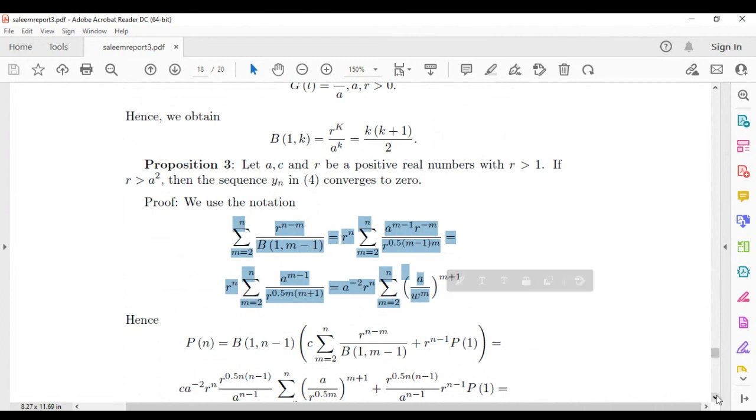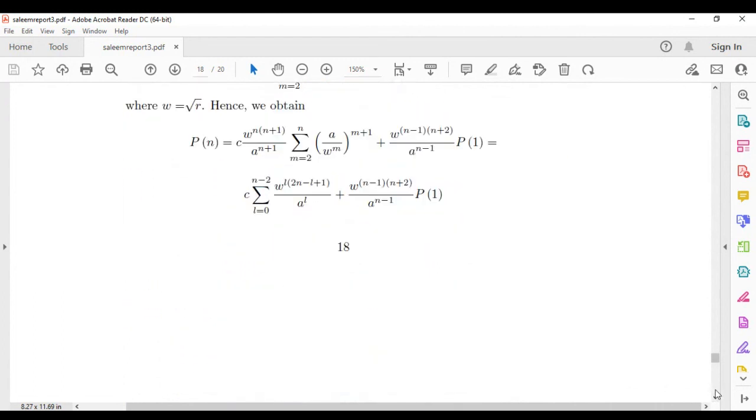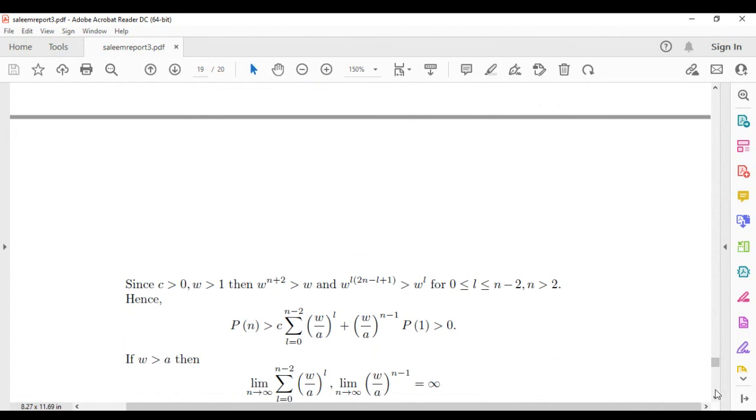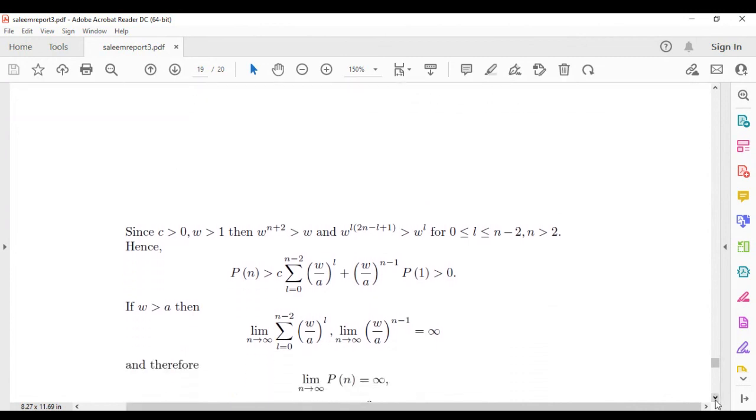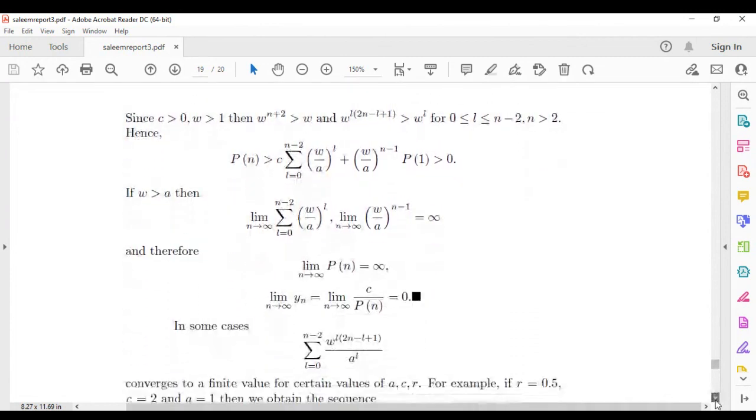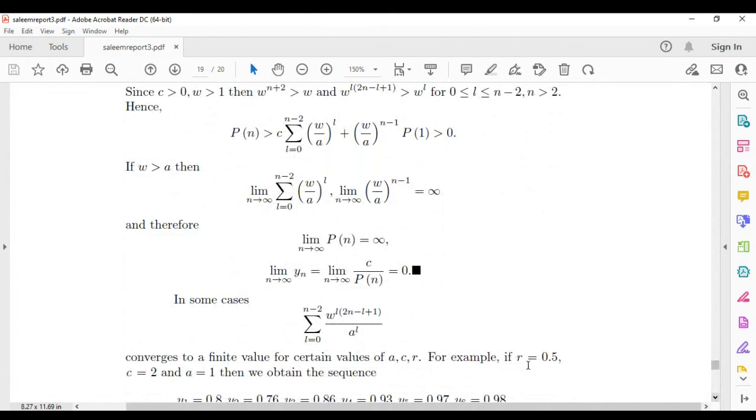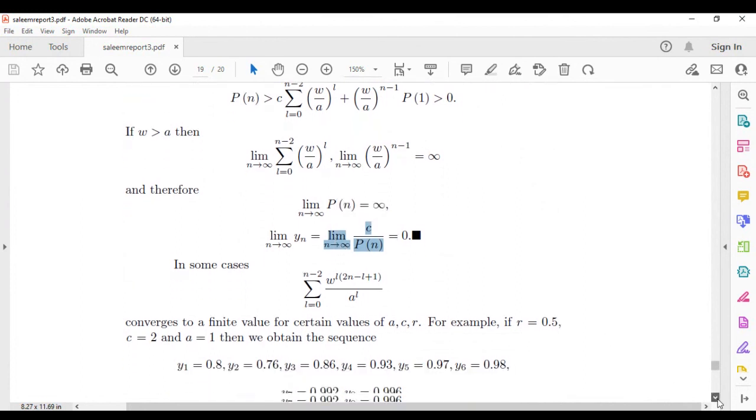It was easier, and we obtained in this case some information about the numerator of Yn, and the limit of Yn will be 0 since the limit of the numerator will be infinity.